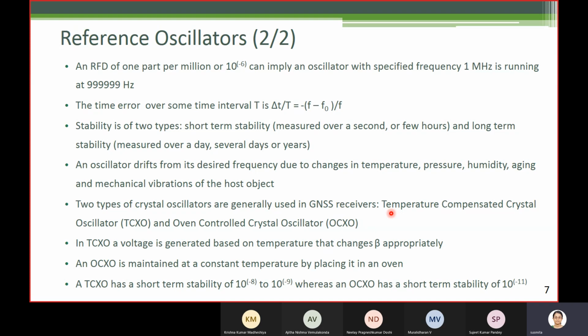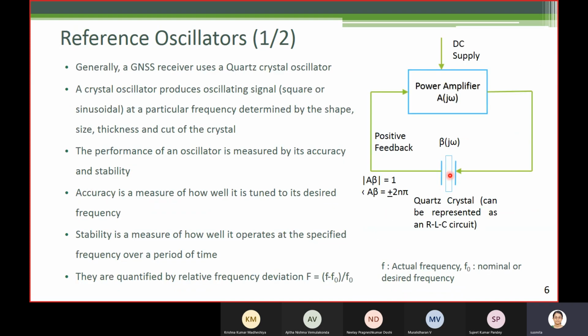This correction voltage changes some circuit elements. As I told you earlier, this is a very simplified block diagram. There are many other circuit elements that are also required. Now this beta is also determined by the crystal, which can be represented as an RLC circuit, resistor, inductor and capacitor. There will be other elements as well. So when temperature changes, beta also changes.